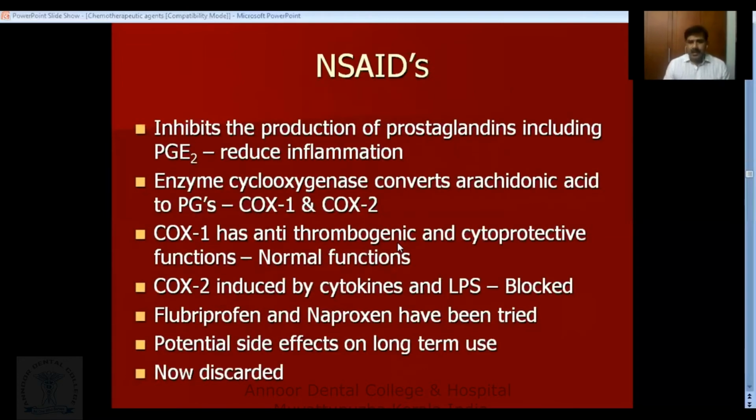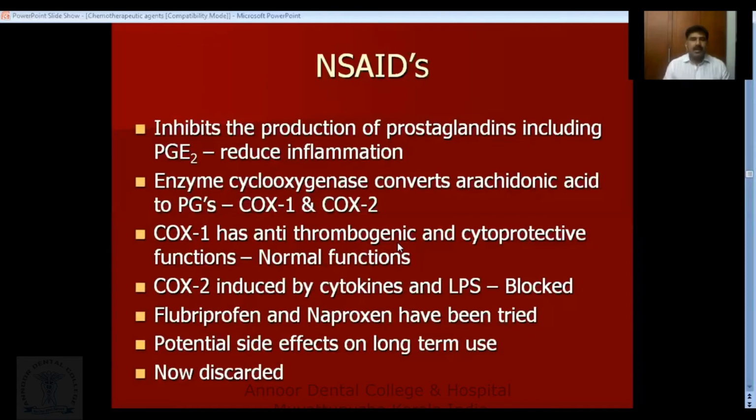Now, what do NSAIDs do? We all know that NSAIDs reduce pain and inflammation. How do they act? They act by reducing the synthesis of prostaglandin. Now, how is prostaglandin formed? Prostaglandin is formed by means of arachidonic acid metabolism. And this arachidonic acid metabolism occurs by means of two pathways, known as COX-1 and COX-2.